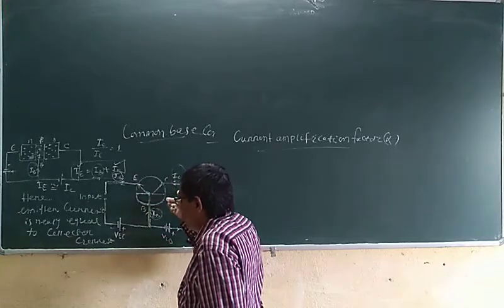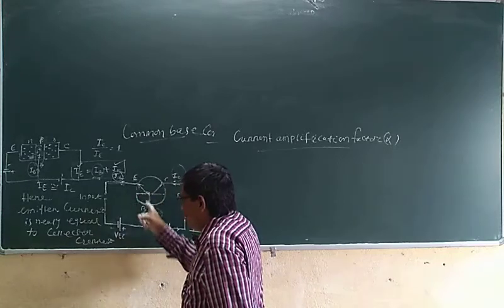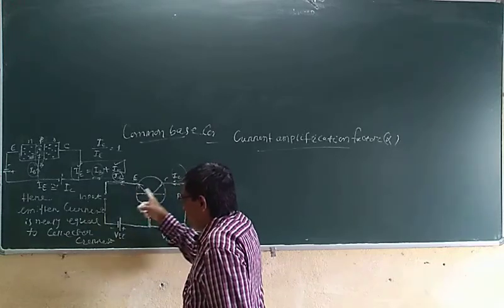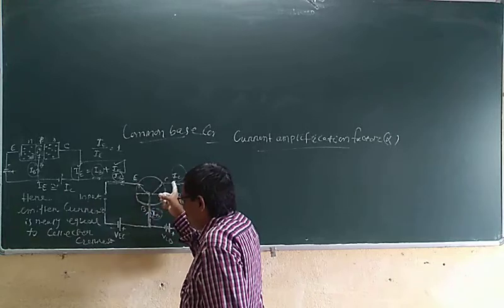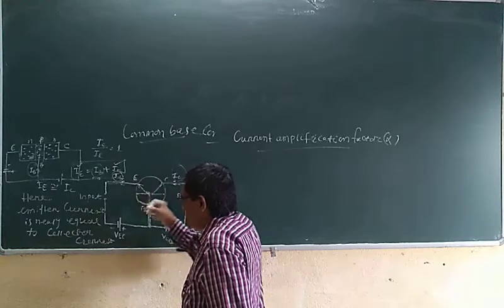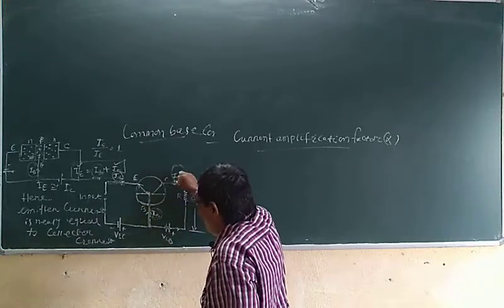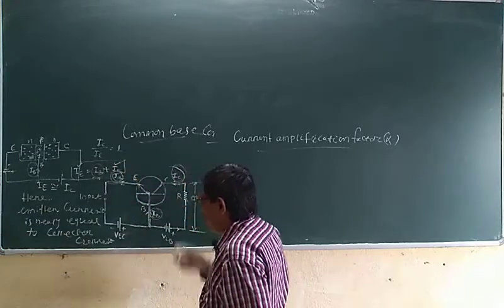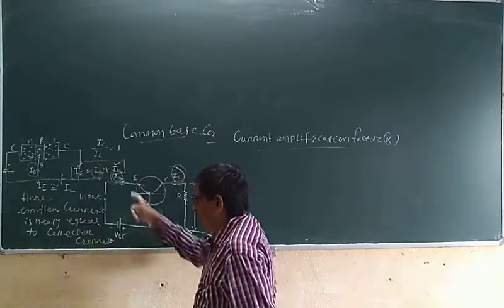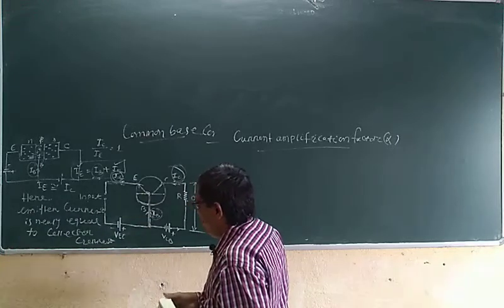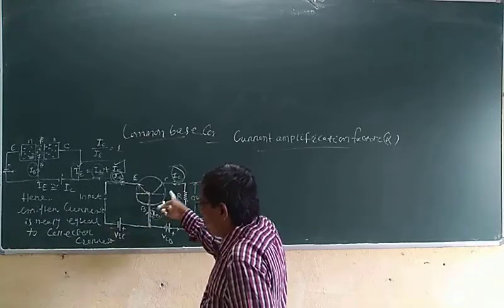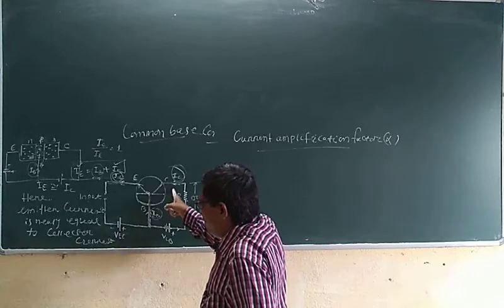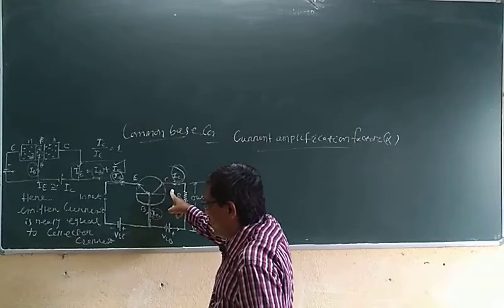Now the output current IC and the input current IE are not constant; IC always changes and IE also always changes. So we write the current amplification factor alpha.